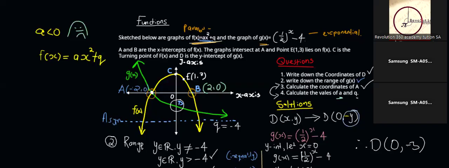Not only that, you can also use the formula for the midpoint. Take into consideration that on the y-axis, we know that x is 0. Let me show you how to get the coordinates of B.